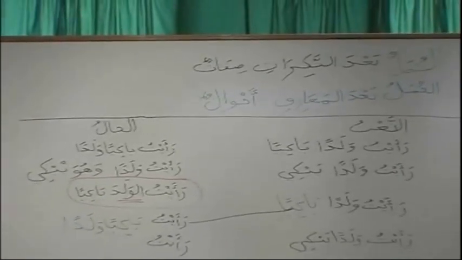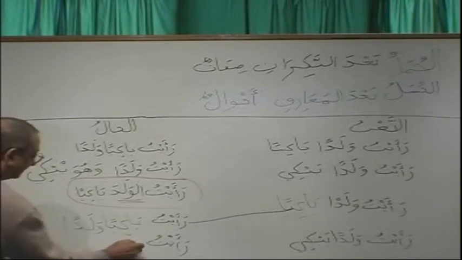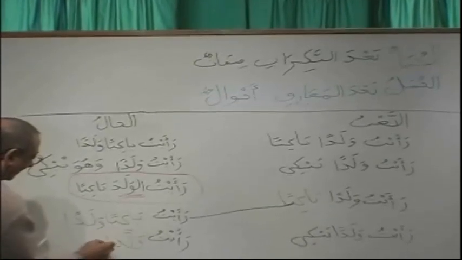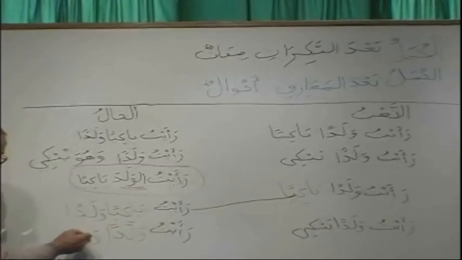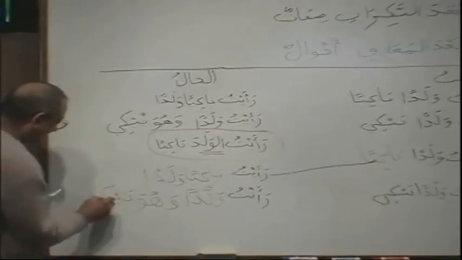Now, next sentence, brother. Ra'aytu waladan yabki. What is yabki there? Jumla failure. But what is yabki? Naat, because it is coming after an indefinite. Are you with me, brothers and sisters? Fine. Now what will you do? Ra'aytu, make it into hal. Ra'aytu waladan wa huwa yabki.